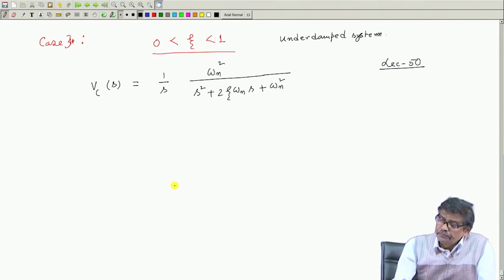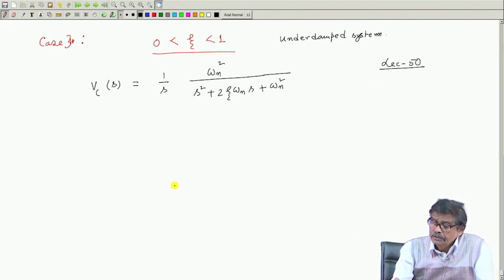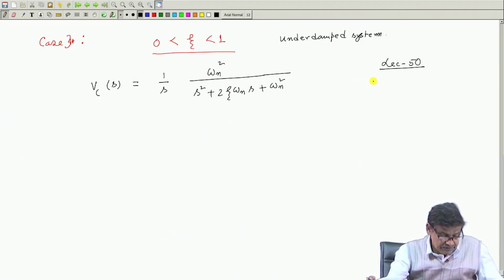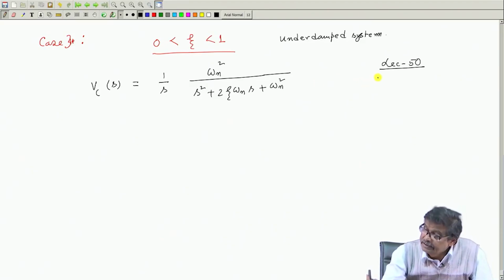If zeta is a number less than 1 but greater than 0, then the roots of this equation can be easily shown to be complex conjugate. Try to understand these steps. That is the characteristic equation.